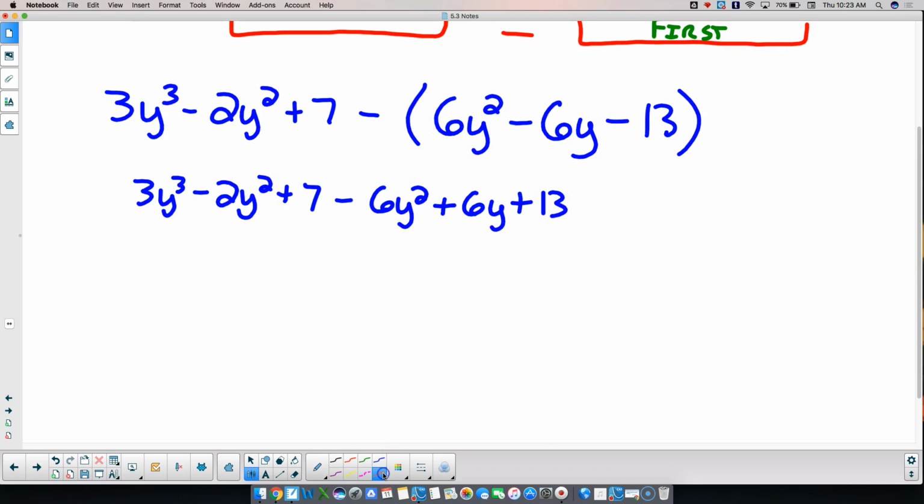There is no other cubic terms. Negative 2 minus 6 is negative 8. There is only one y term.